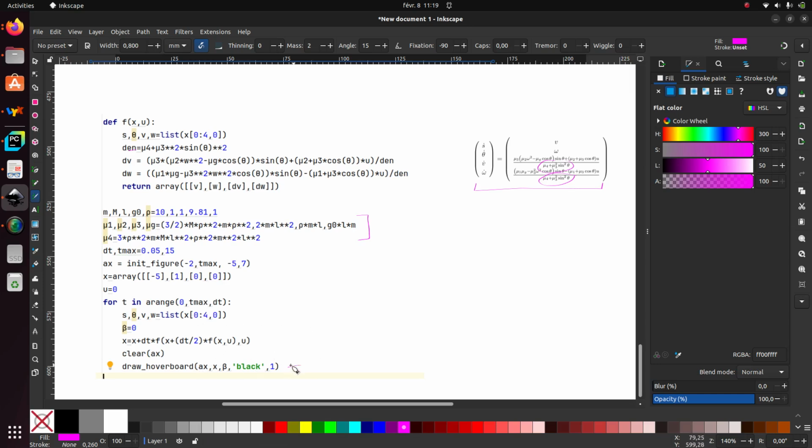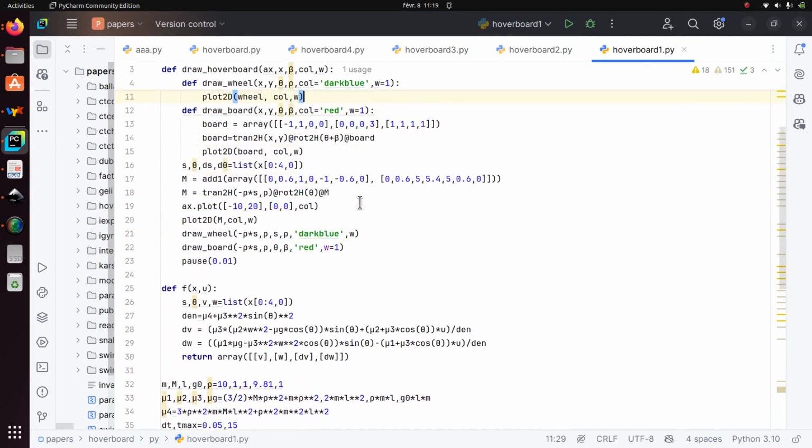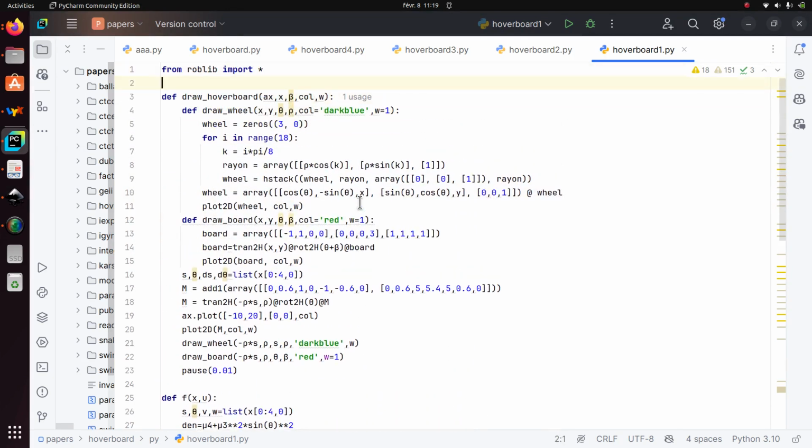Here I draw my hoverboard, and here I use a Runge-Kutta method. I put beta equals 0, which means that the board is perpendicular to the body of the driver. And here I also put u equals 0, so it means that there is no control at all. This corresponds to this program, where I do not explain how I draw the hoverboard.